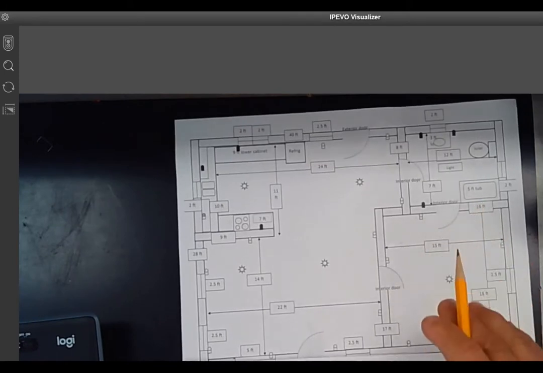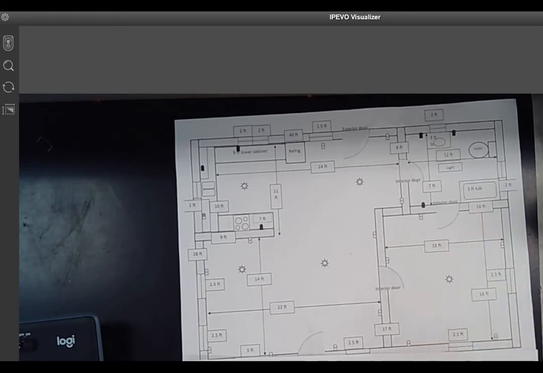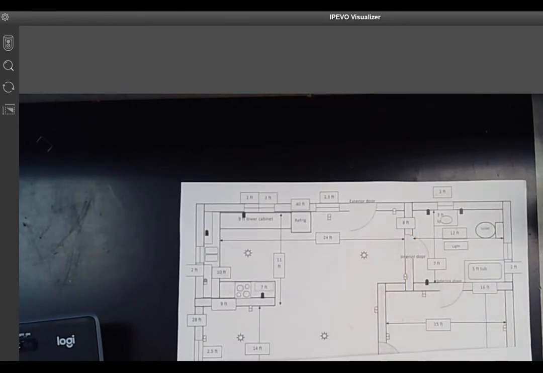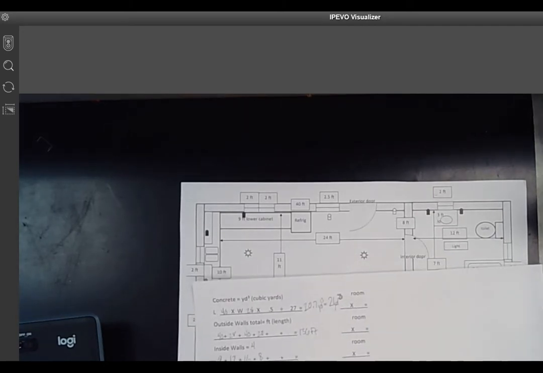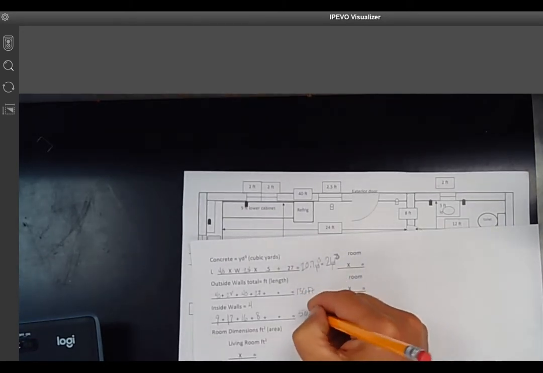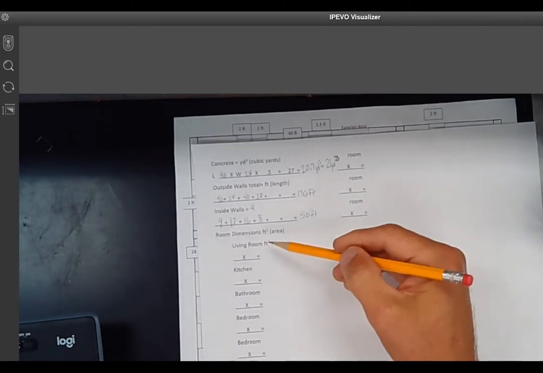This next one is 17 feet. This next one over here is 16 feet. And the last one up here is 8 feet. Now, you may have more inside walls too, so I gave you some extras there. How many feet is that? That's 50 feet total.